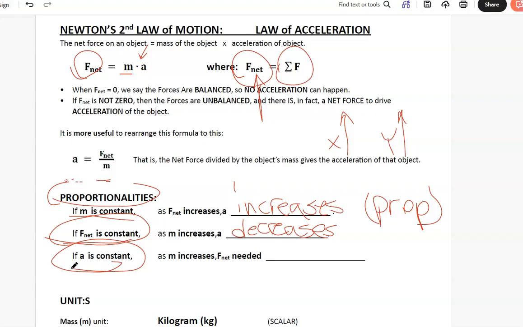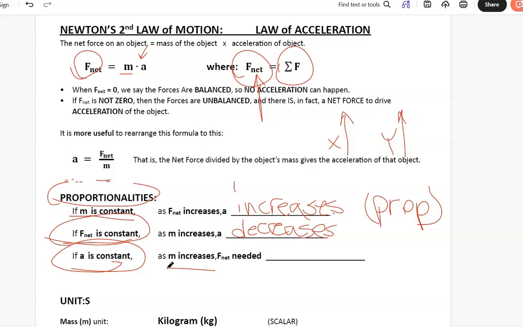If mass increases, the force needed is what? Increased or decreased? Well, think about it. If you're doing an increased mass and you want to get the object to accelerate more, you're going to be taking two different masses, a small mass like a ping pong ball and a big mass like a bowling ball, and you want them to accelerate with the same meters per second squared acceleration.